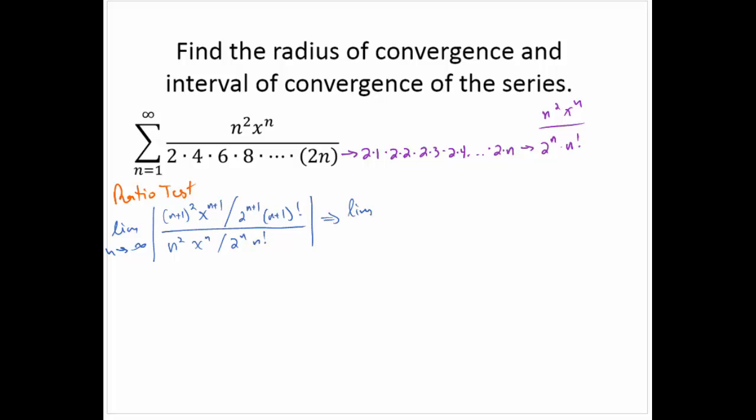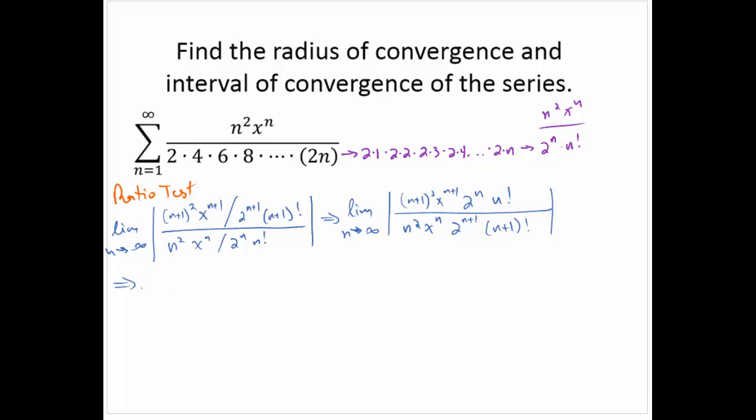All right, simplifying, I'd have n plus 1 squared x to the n plus 1 times 2 to the n times n factorial in the numerator, and n squared x to the n times 2 to the n plus 1 times n plus 1 factorial in the denominator.